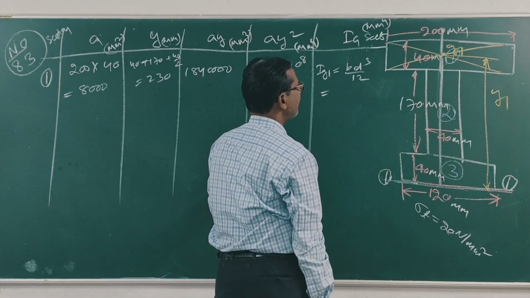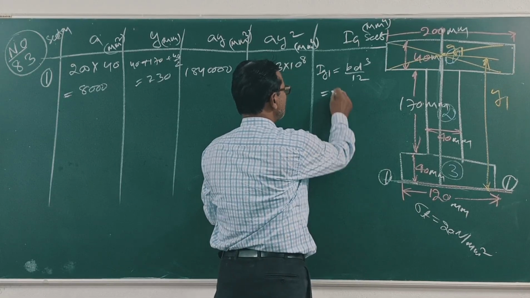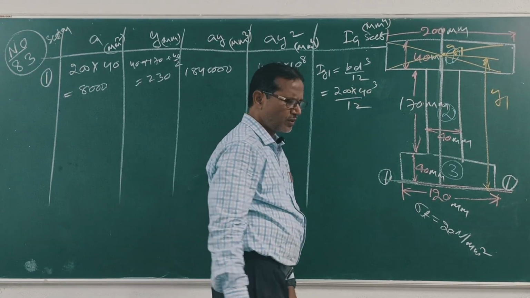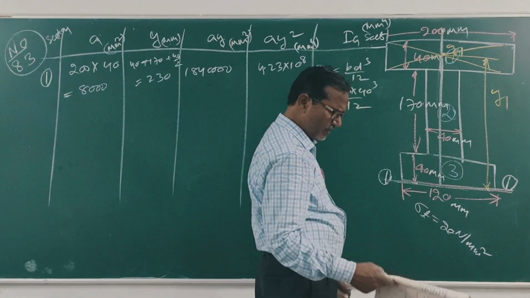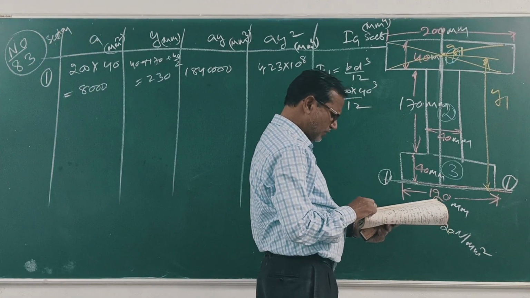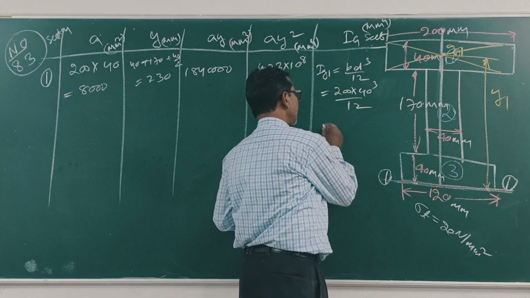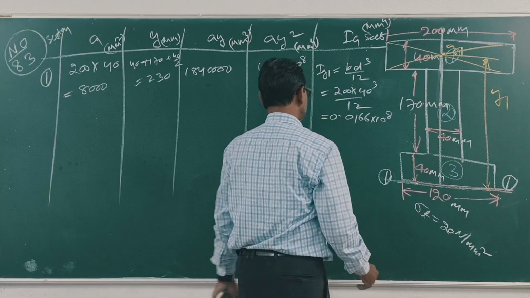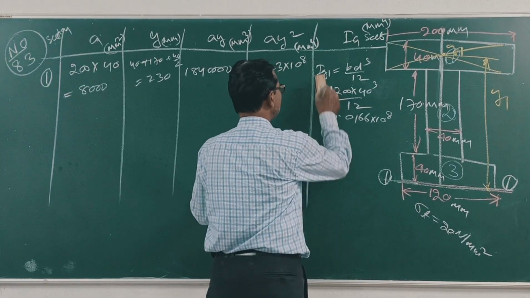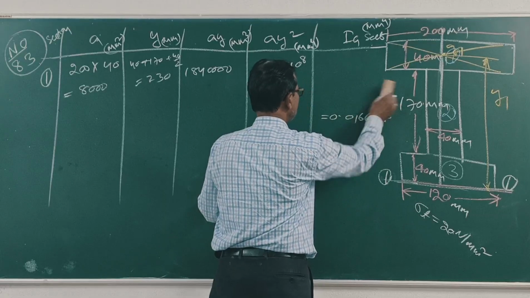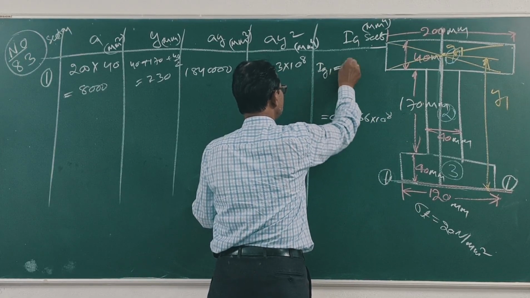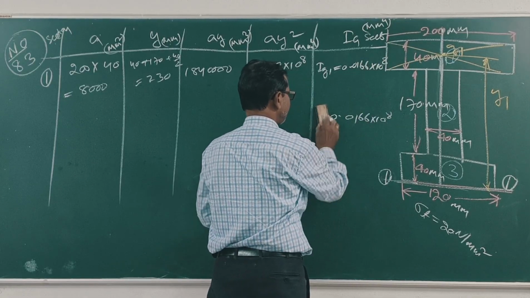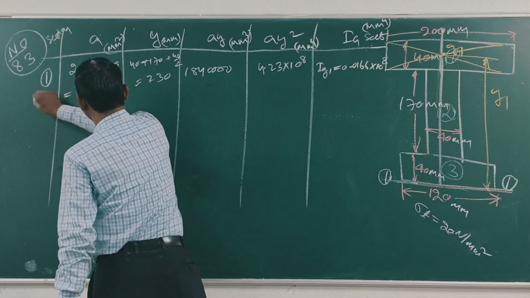What is b? 200 into 40 cube by 12. Clear? This is 0.0166 into 10 to the power 8. This is Ig1. Clear?